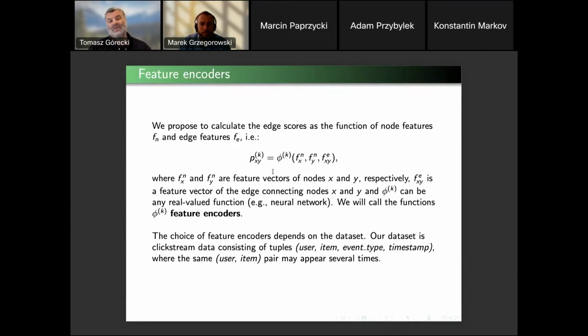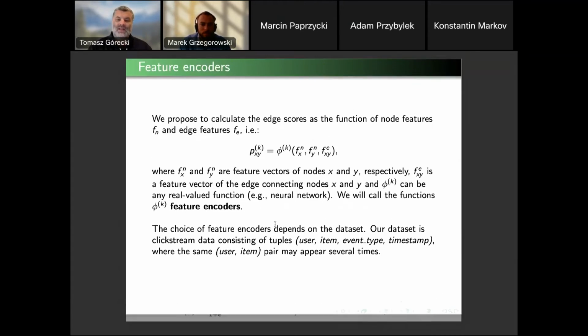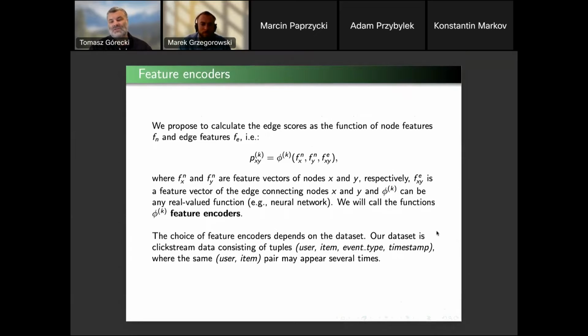We have feature vectors of nodes, a feature vector of the edge, and some real function. This encoder is a real function. This could be, for example, a neural network. And of course, the choice of these feature encoders depends on the dataset.